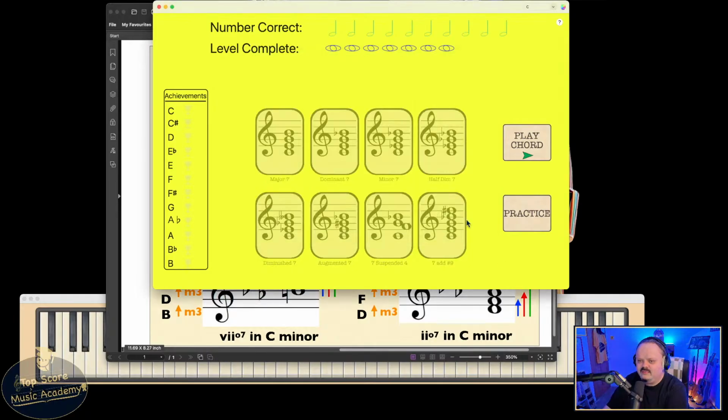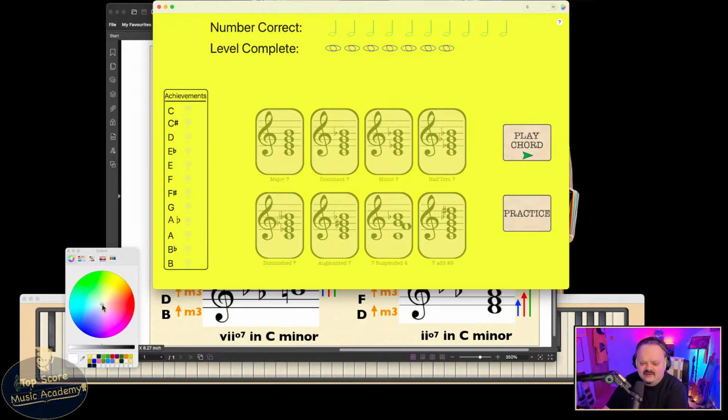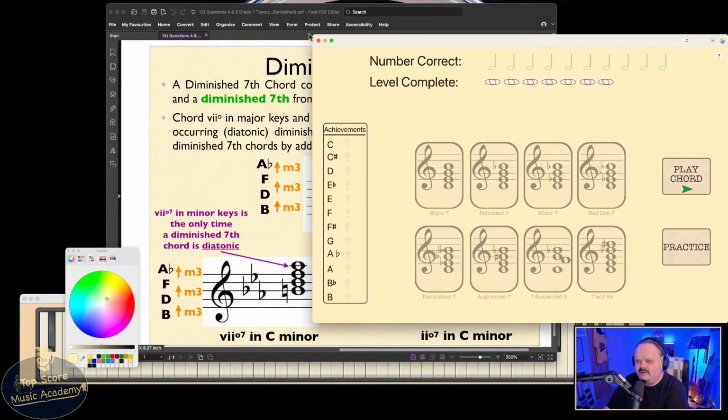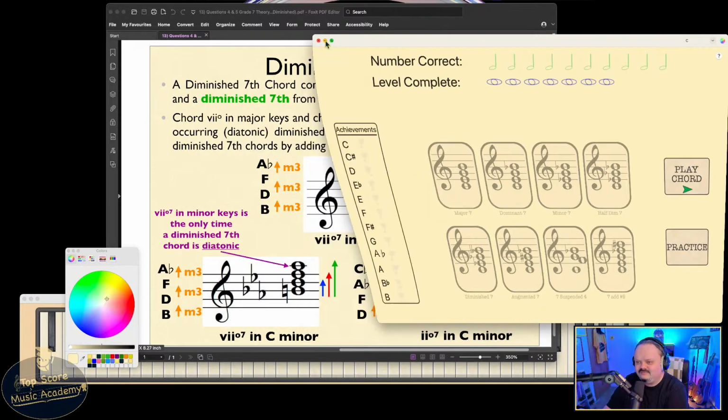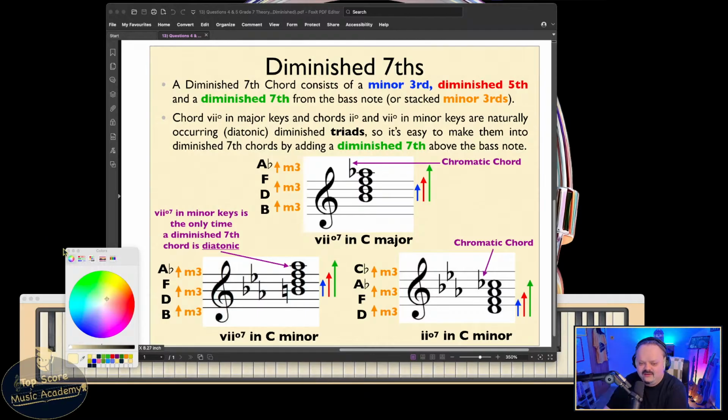Oh, every time I open it up, it defaults to this awful yellowish color. Let me just get it nice and pale. There we go. So we will come across that later. We'll do some little exercises on that just to show you guys all the different types of seventh chords. So just keeping him ready to go.